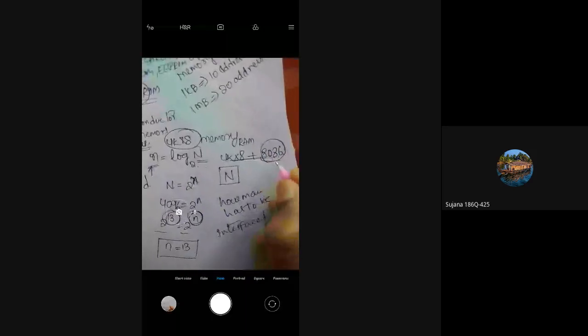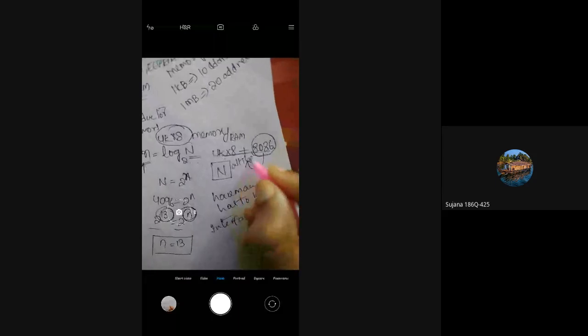When we interface some number of memory locations with the 8086, we are giving permission for the 8086 to access all of them. Whatever memory locations are interfaced with the 8086, the 8086 can access all of those interfaced memory locations.